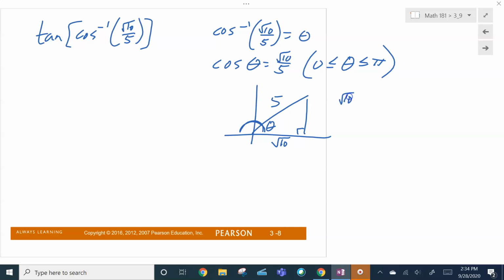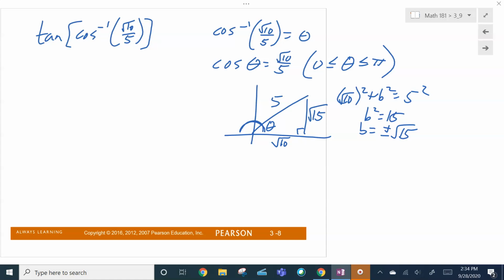So root 10 squared plus b squared equals 5 squared. So b squared is 25 minus 10, which is 15. B equals plus or minus root 15. That's a positive sign in quadrant 1, so I'm going to label that root 15 there.